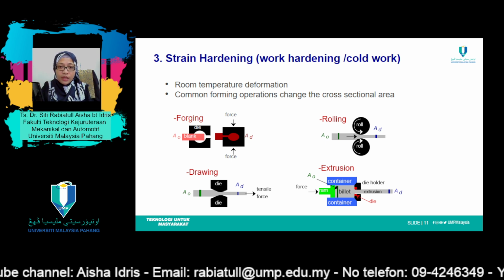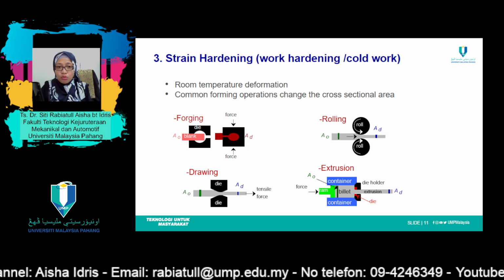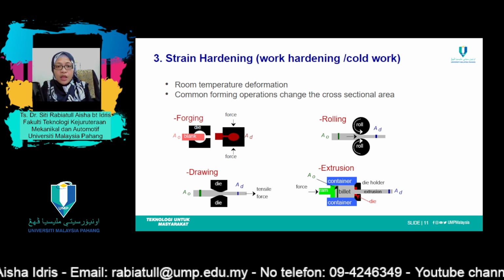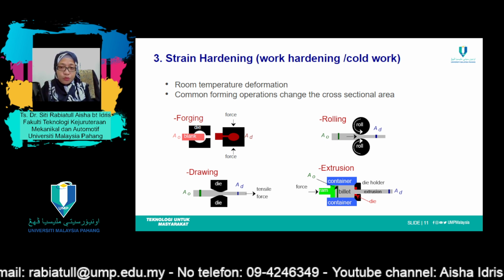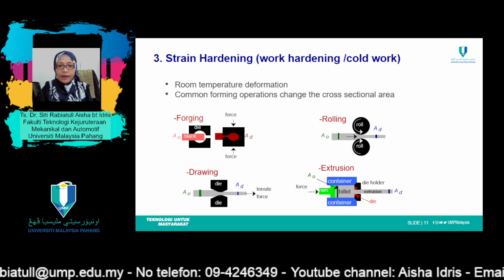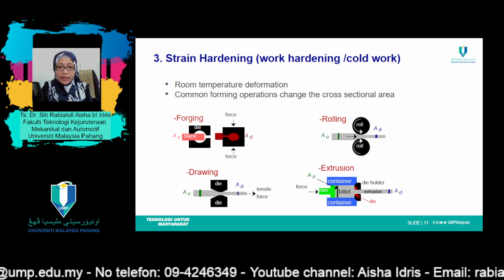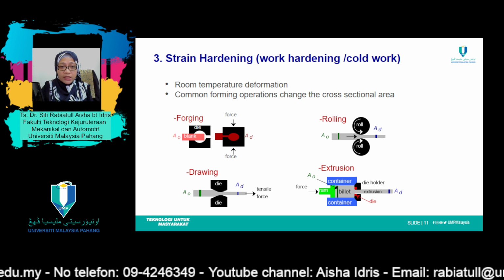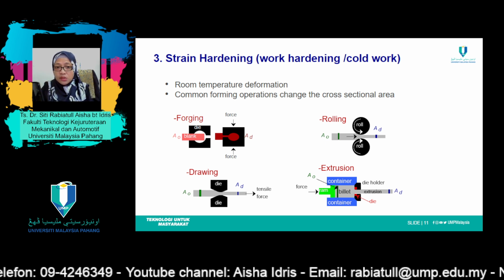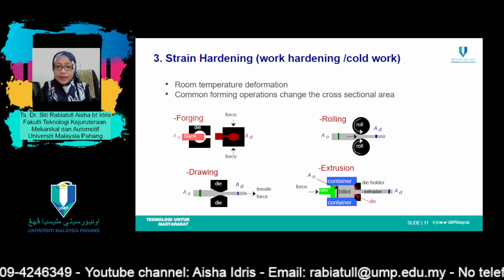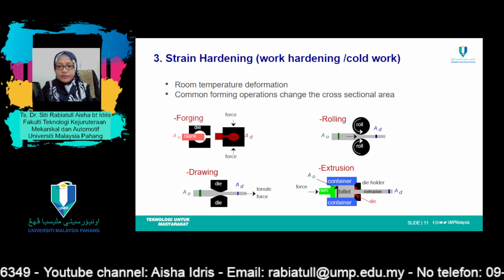For example, a solid solution strengthened alloy may also be strain hardened. It should also be noted that the strengthening effects due to grain size reduction and strain hardening can be eliminated, or at least reduced, by an elevated temperature heat treatment. On the contrary, solid solution strengthening is unaffected by heat treatment.